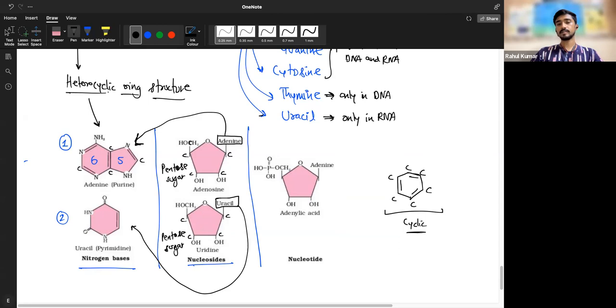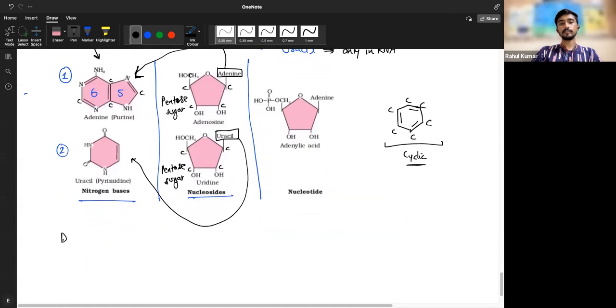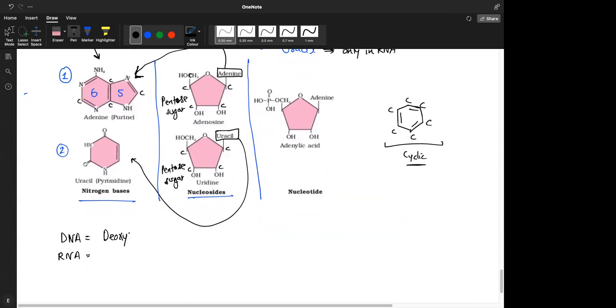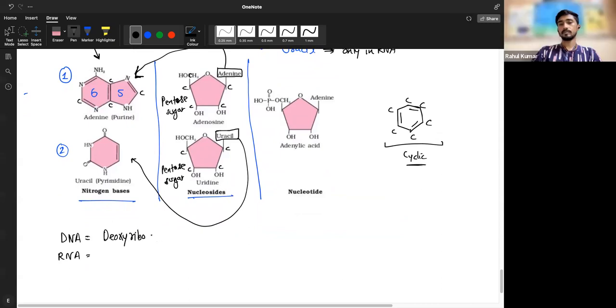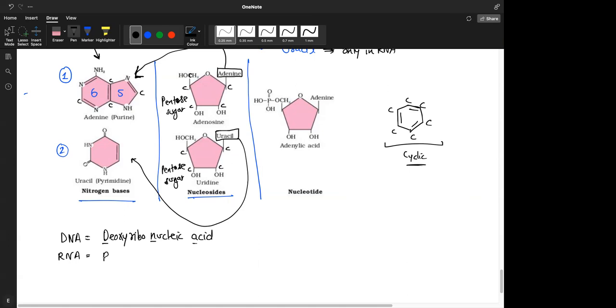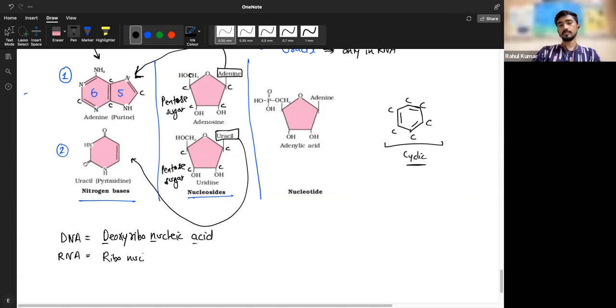And you will get to know the name of the sugar if you tell me the full form of DNA and RNA. What does DNA stand for? Deoxyribonucleic acid. What is RNA? Ribonucleic acid. Perfect.